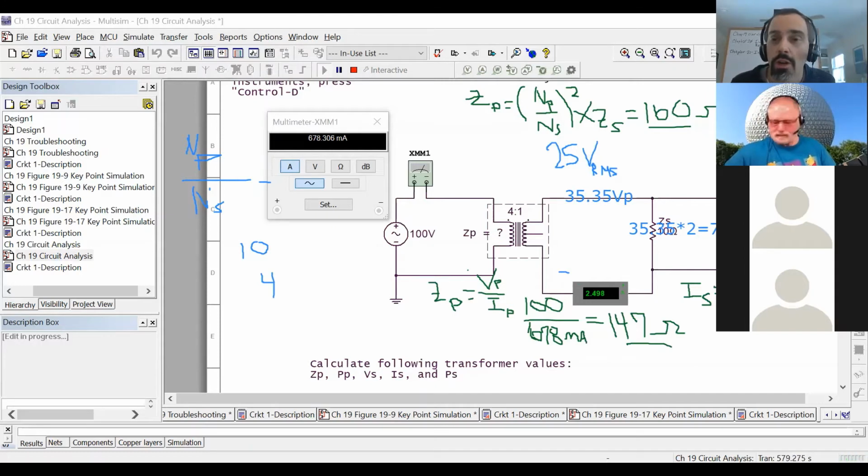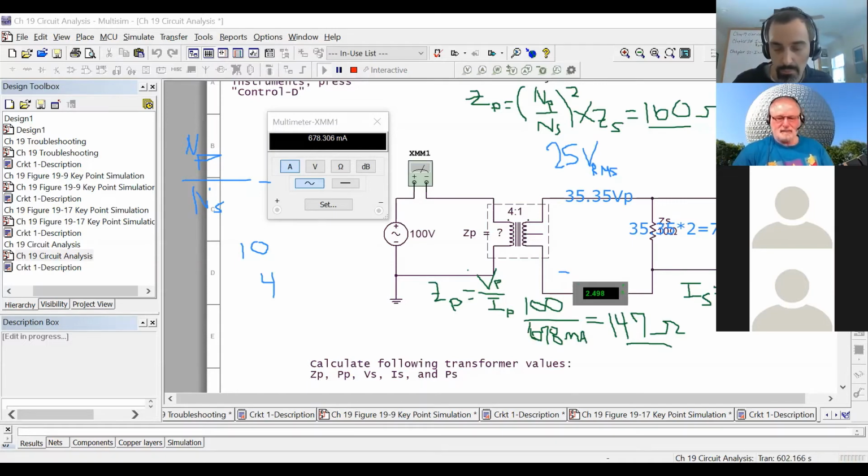So we have 25 volts RMS. I'm going to use all RMS values here. 25 volts RMS, and you tell me what you get, over 10 ohms.